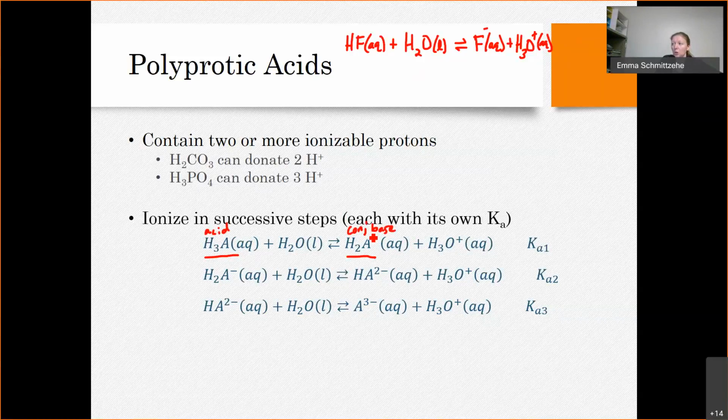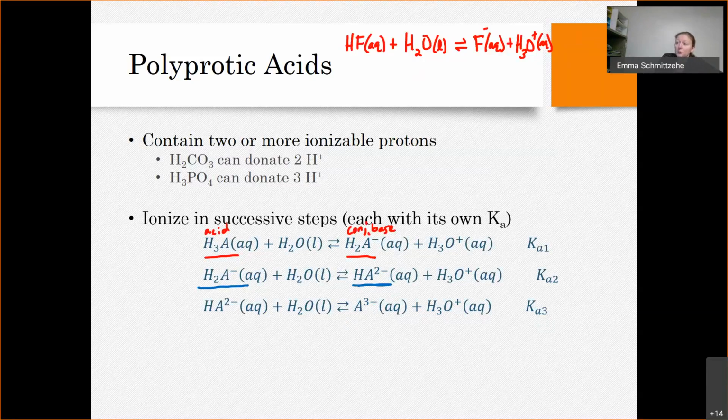It now has one less proton, but that H2A- still has protons it could potentially give up, so it can further react with water. The H2A- can react with another water molecule and give up a second proton, forming HA2-. It lost an H+, so now it has a 2- charge instead of a 1- charge.